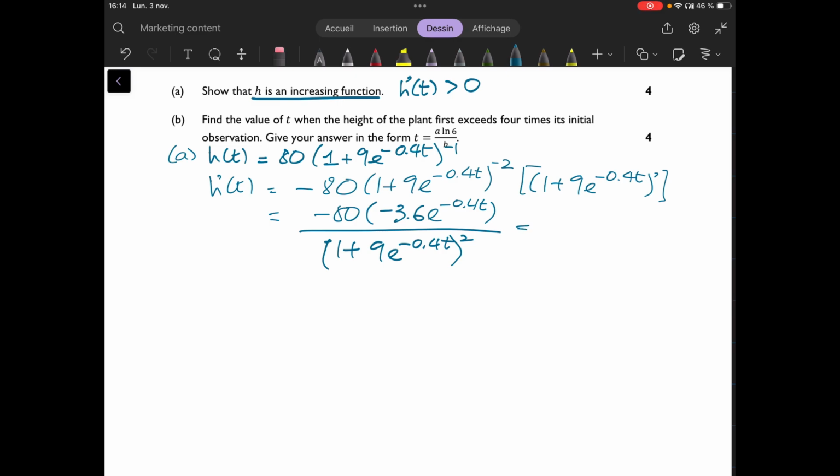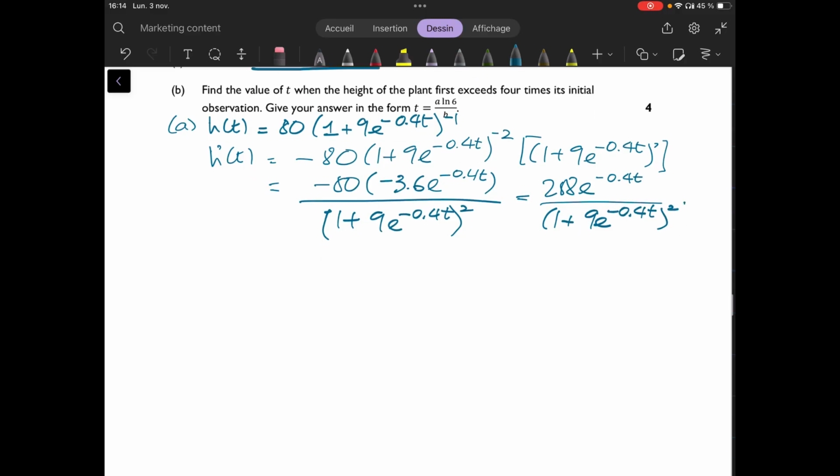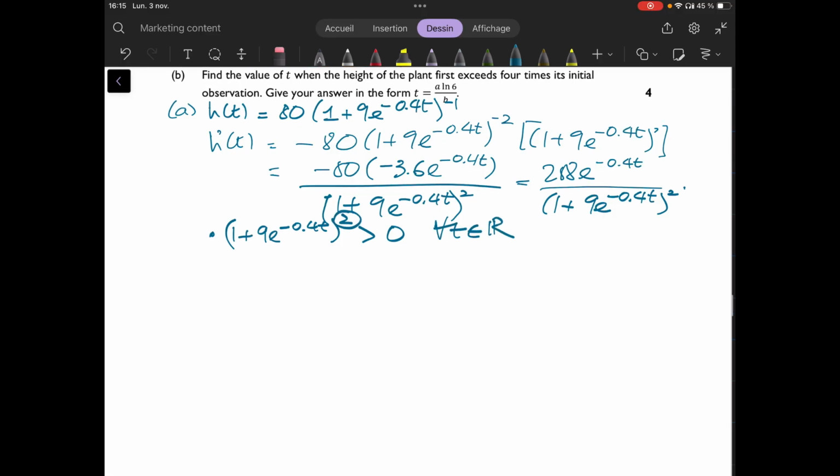80 times 3.6. That would be 288 e to the negative 0.4t divided by this denominator. So, the denominator is strictly positive because it is squared, and this guy cannot be negative.